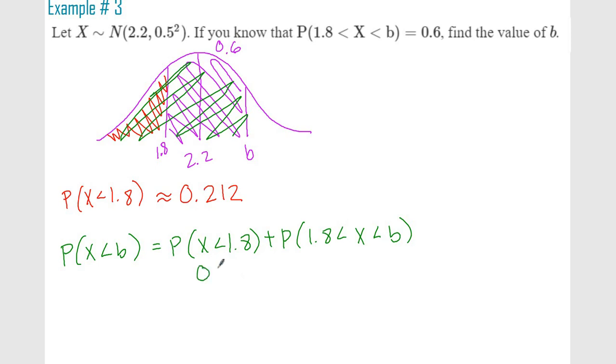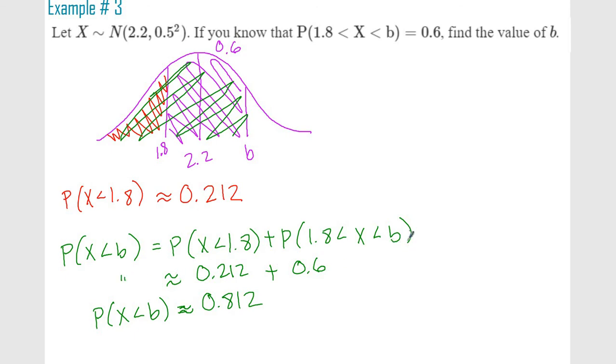So that's just 0.212 plus 0.6, which is 0.812. So now we know the probability of x being less than b, approximately, because we rounded this stuff.